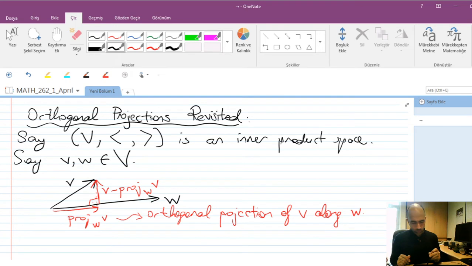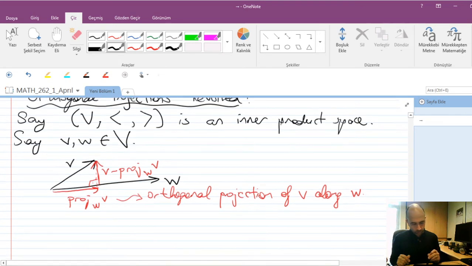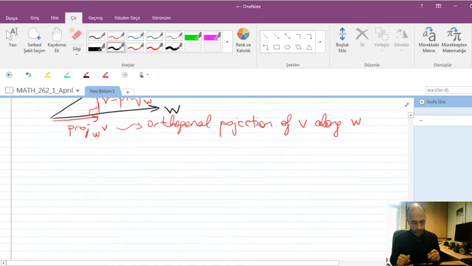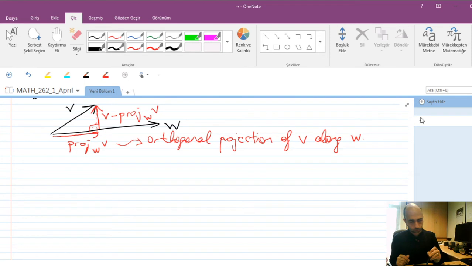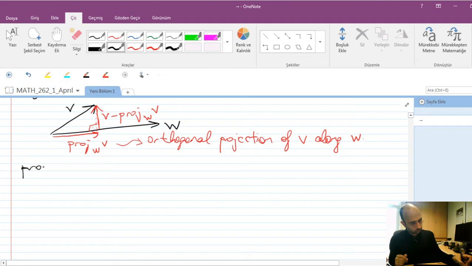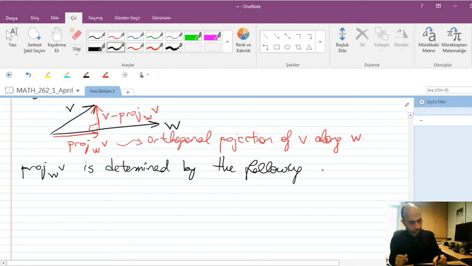Okay, now this is the picture of how to think about this orthogonal projection, but what's the algebra? So how do we think about it and how do we compute? Now, this proj_W V is determined by the following two conditions. If you want, you could take this as the algebraic definition of this orthogonal projection.